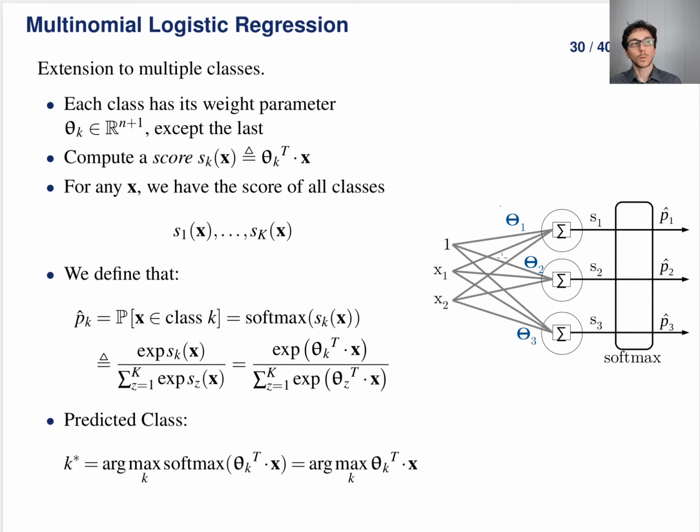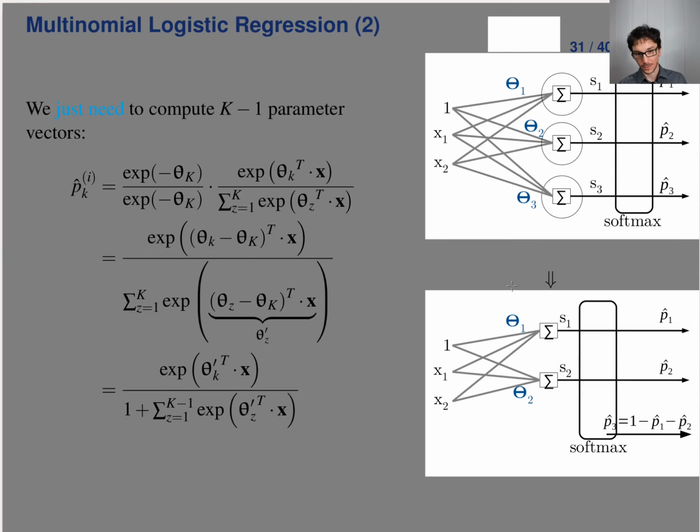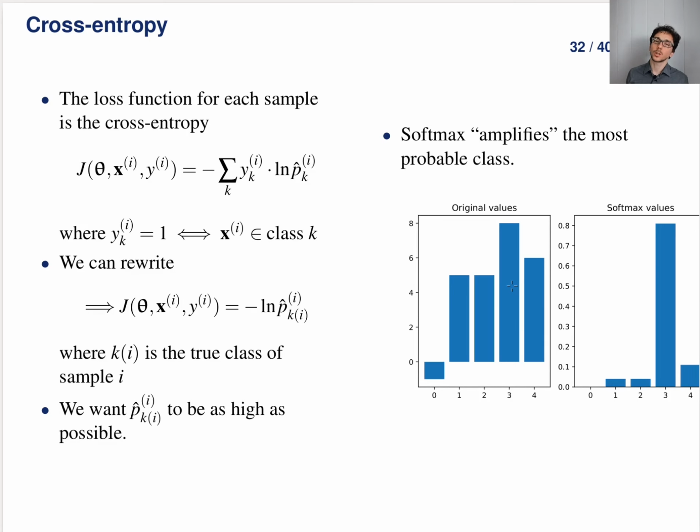In order to train our multinomial logistic regression, we have to find the best parameters here, theta 1, theta 2, theta 3, etc. To do so, we first need to define a loss function, as usual, and then we need to minimize the loss function. In case of multinomial logistic regression, the loss function is called cross entropy, and it looks something like that. This is the loss function on a certain sample x_i.